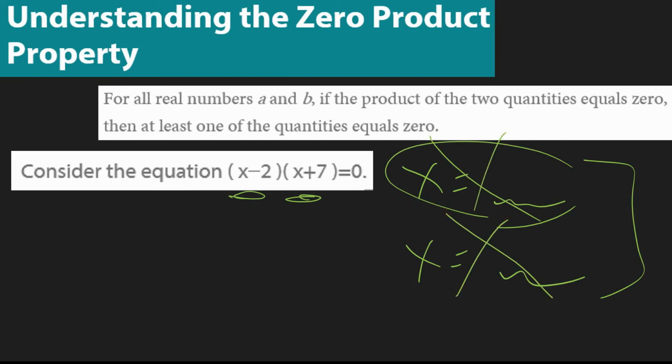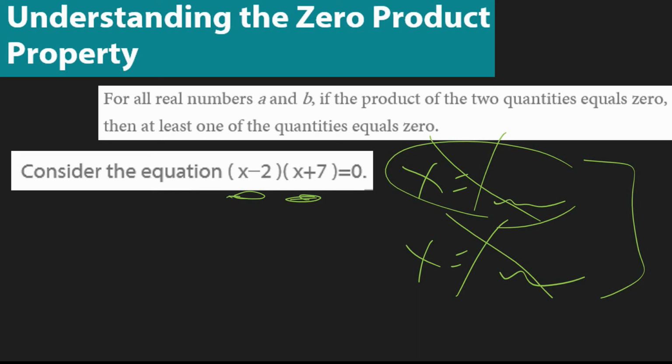But what we're really talking about right now is the idea that, okay, if it's in factored form, this is like the easiest, the simplest, the most basic way to find the solutions to a quadratic equation. And I think every kid pretty much fundamentally understands this, right? So again, if it's in factored form, or if you can put it in factored form. Remember, sometimes it's not going to be factored for you. You'd have to factor it yourself.